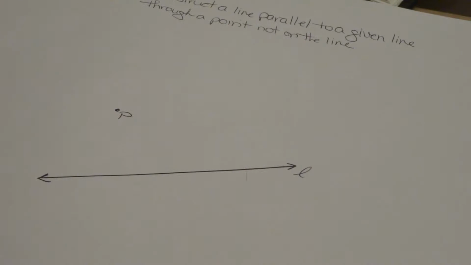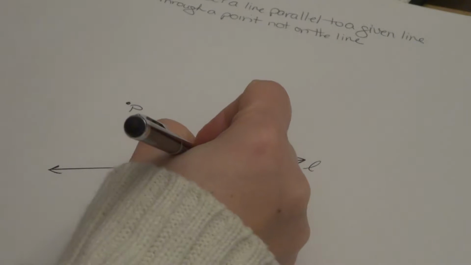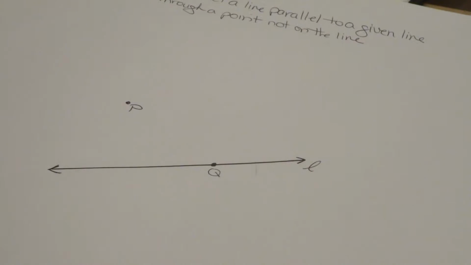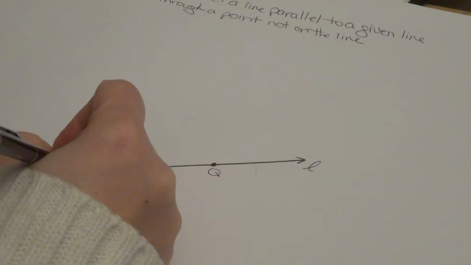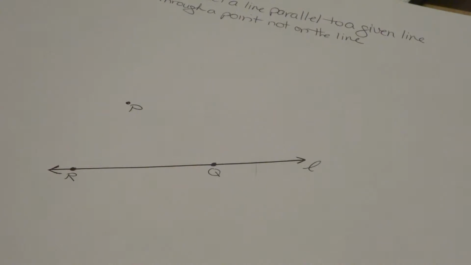So we are going to, for reference, put in a point Q on the line and a point R on the line.